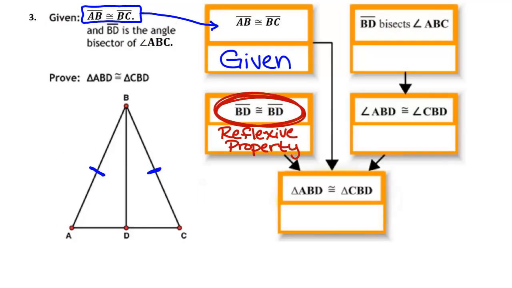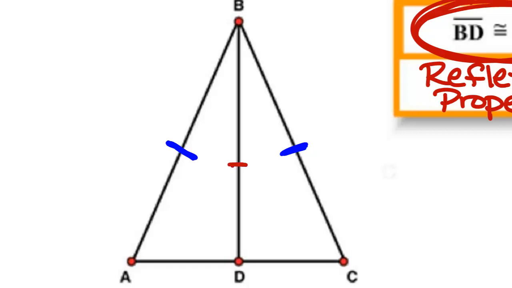Has that been marked on the triangle? No, so we're going to go in and we're going to add that marking. Anytime we make a statement and give a reason, we're going to mark it on our picture too. BD is congruent to BD.